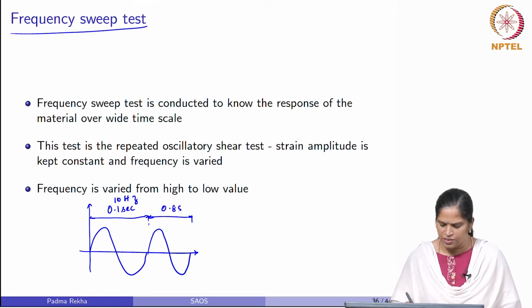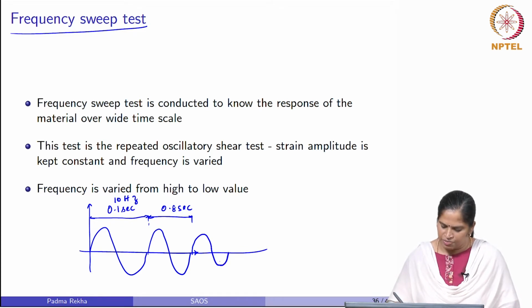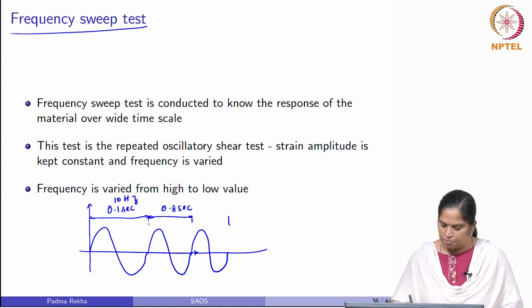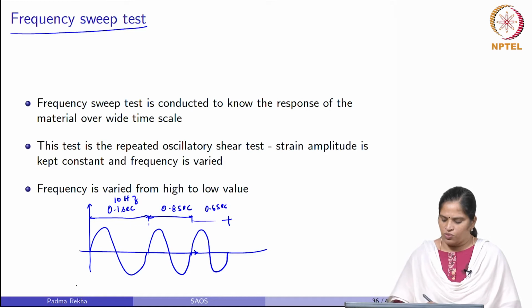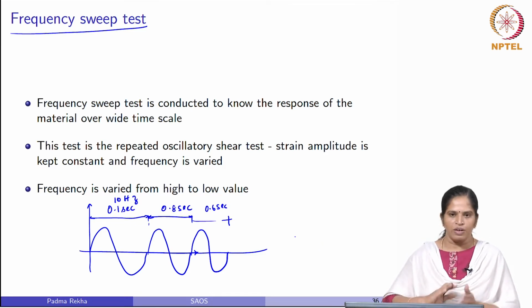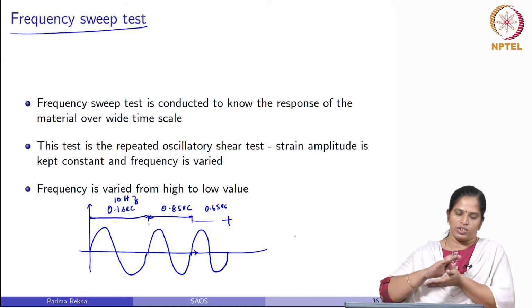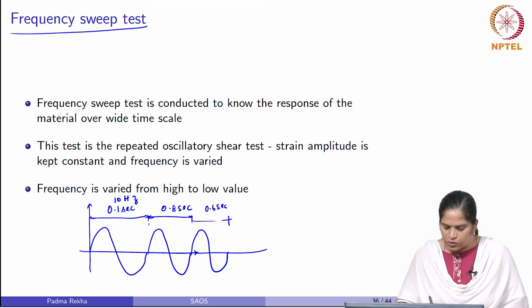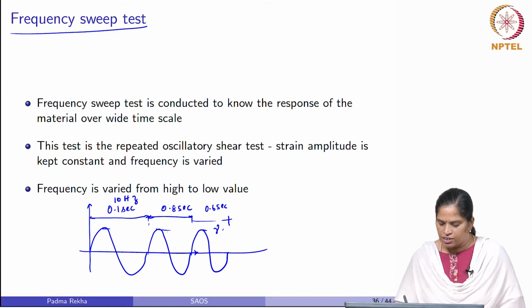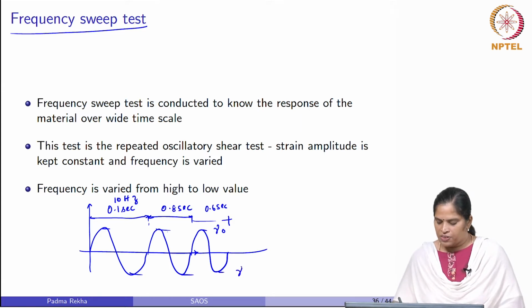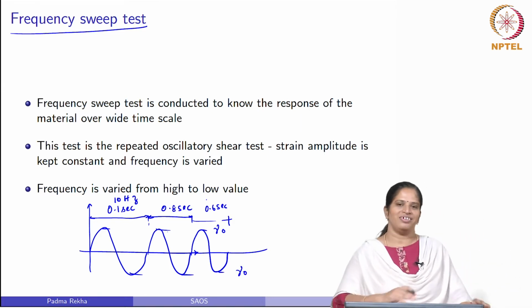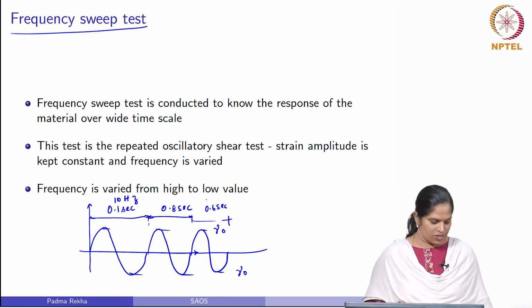The other cycle again will take less time, say 0.6 seconds. So, you vary the frequency and give repeated oscillatory shearing, keeping the strain amplitude constant and varying the time of completion of one cycle.